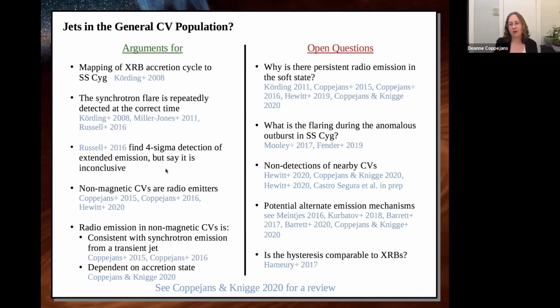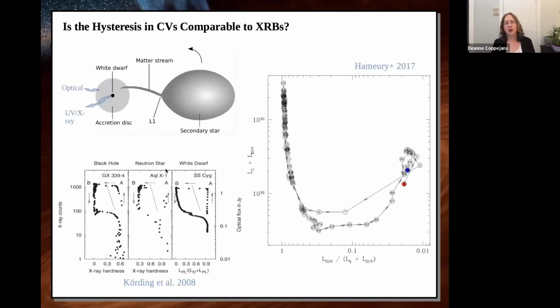But the one point I am going to discuss is whether the hysteresis is actually comparable to the X-ray binaries. So Hameury et al. argued that in CVs, this maps the outer disk to the very inner disk, whereas in X-ray binaries, you're only comparing the emission in the very inner region.